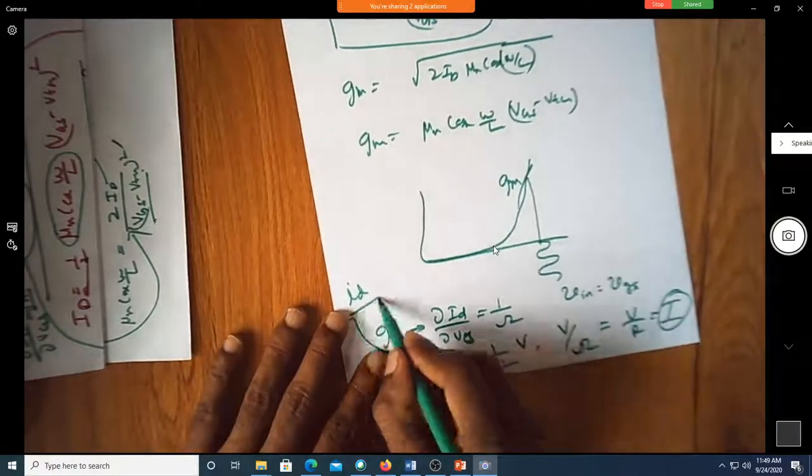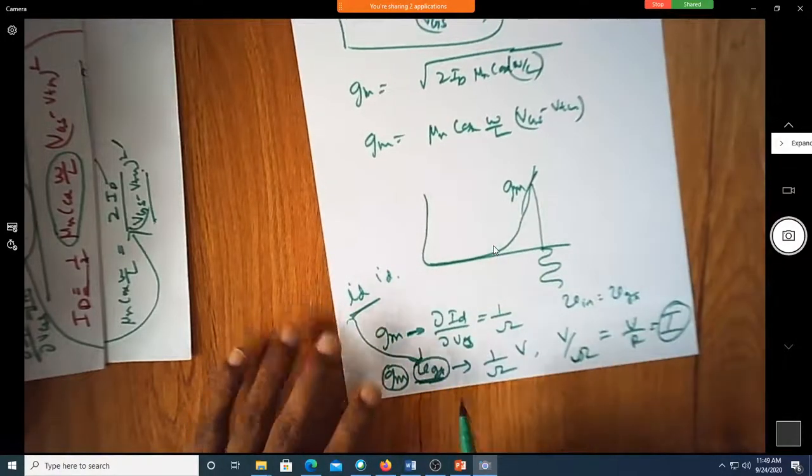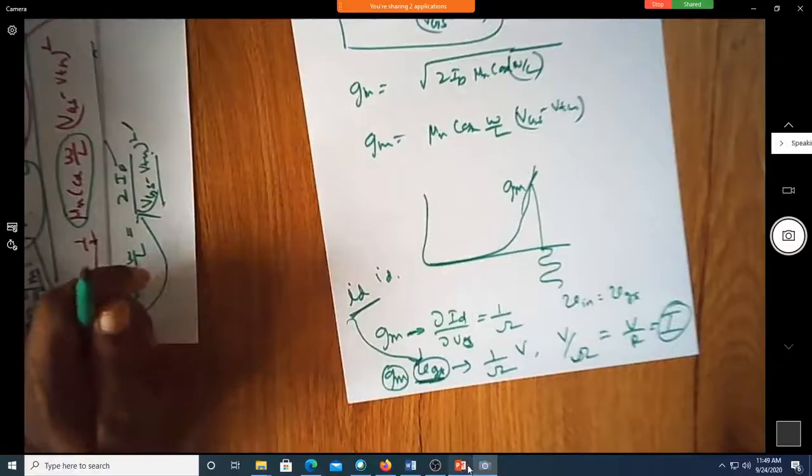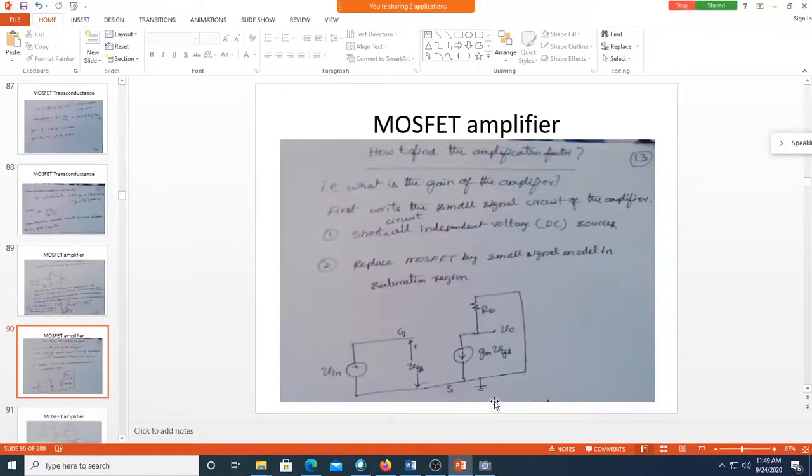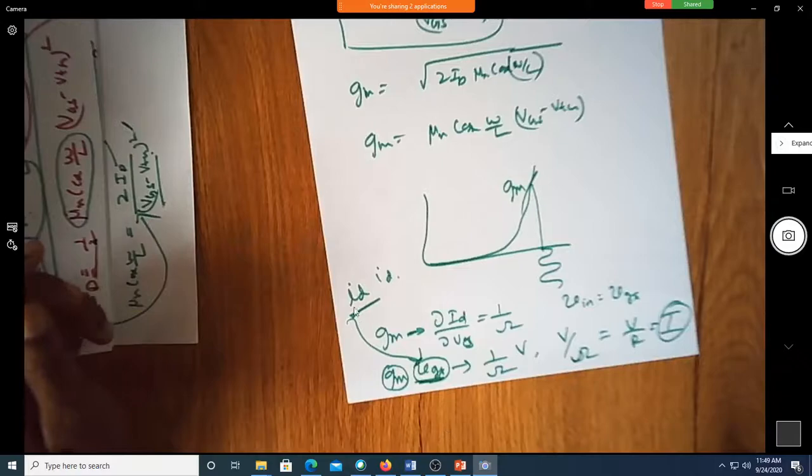Can you see here, I'm writing it as small id. If you go to this PPT here, can you see I'm writing it as gm into vgs? What is this gm into vgs? It's actually a current source. That current source is not large signal, but it is a small signal current.